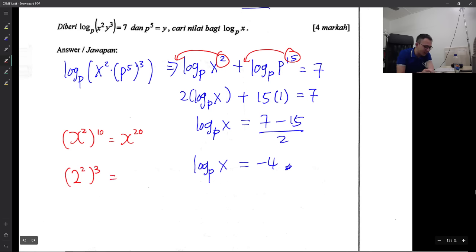What is 2 squared? Basically 4, right? 4 power of 3 is 64, right? But if I know the shortcut, 2 multiplied by 3 is 6, and 2 power of 6 is 64. So therefore, you can multiply 2 with 3. In this case, you can multiply 5 with 3 and become 15.